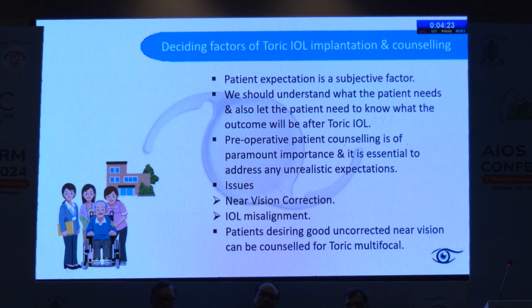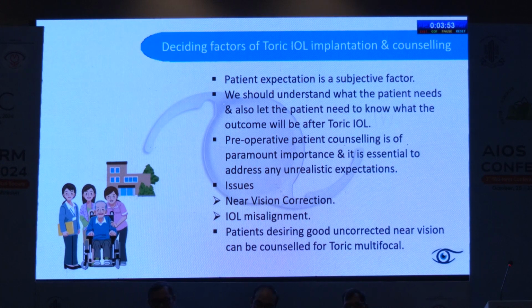Patient counseling here is again very important. Patient's expectation is a subjective factor. We should understand what the patient needs, what his profession is, what his hobbies are, and the patient needs to know what the outcome will be after his surgery. So any unrealistic expectations should be dealt with now. The patient needs to be educated about astigmatism, about what a toric IOL is, and how it is different from a regular monofocal IOL.